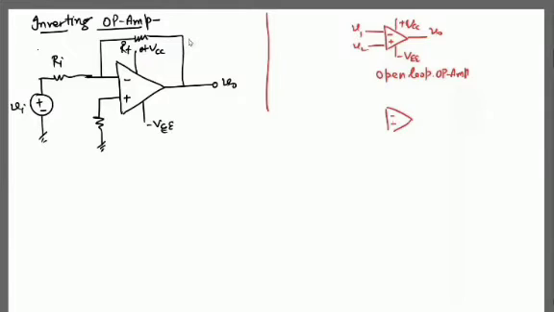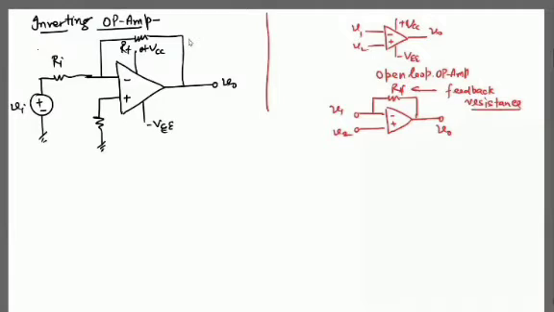If we utilize this op-amp in some configuration with some biasing and apply this resistance, this is called the feedback resistance. I hope you understand the meaning of this feedback. This is called the feedback path.